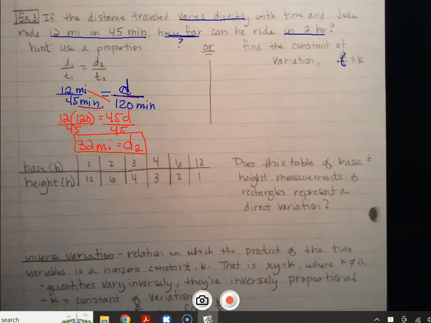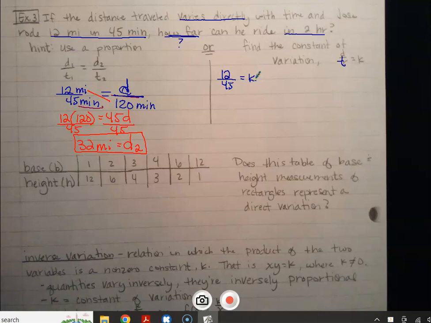All right, so if we do the distance again, 12 over 45, and that equals k. So what would k equal? 12 divided by 45.